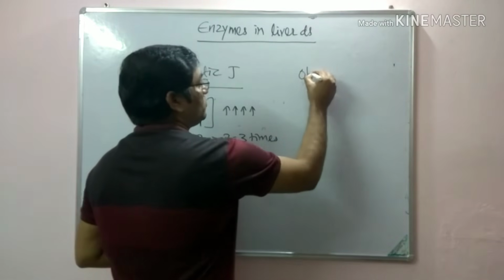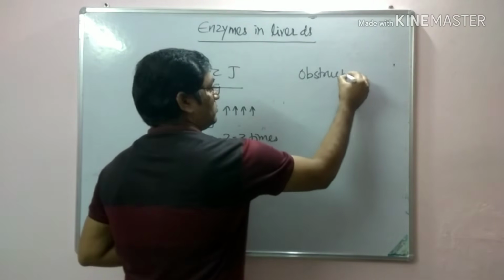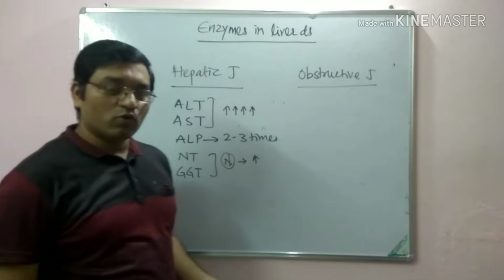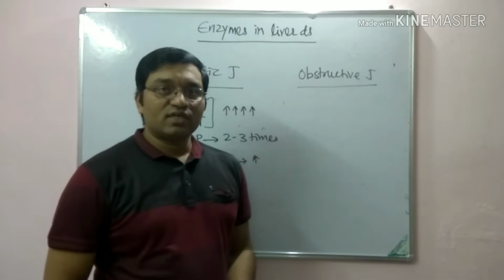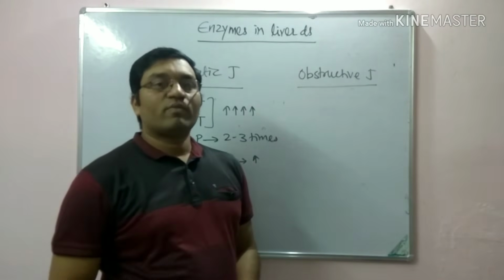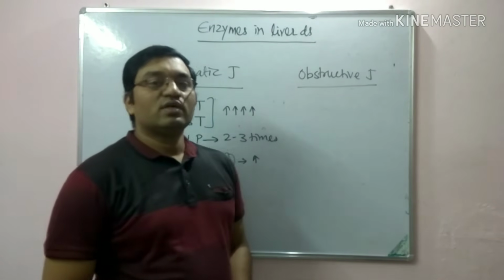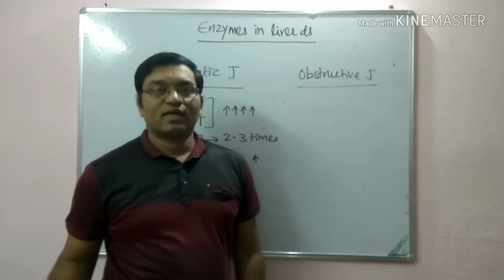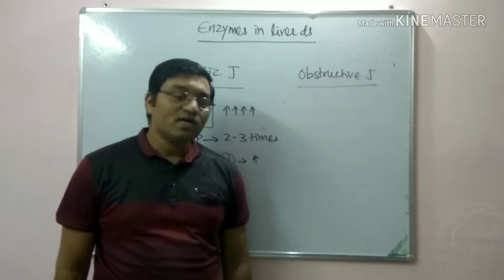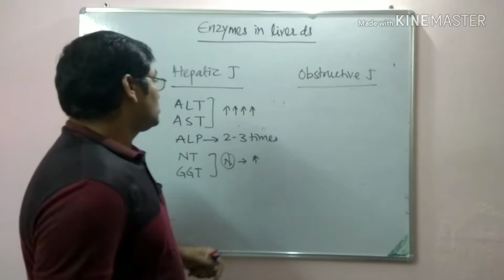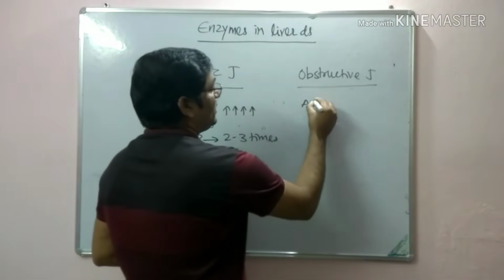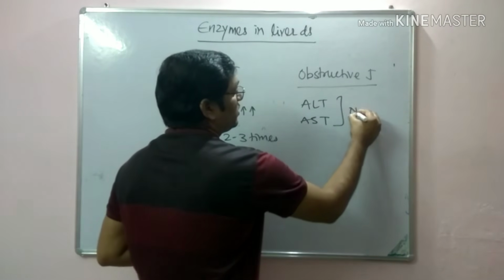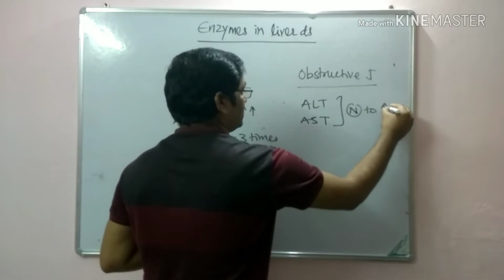But in obstructive jaundice, whenever there is obstruction to the bile flow due to stricture or CBD stone, common bile duct stone, or by carcinoma of the head of pancreas, then in this situation the ALT and AST levels are normal to slightly raised.